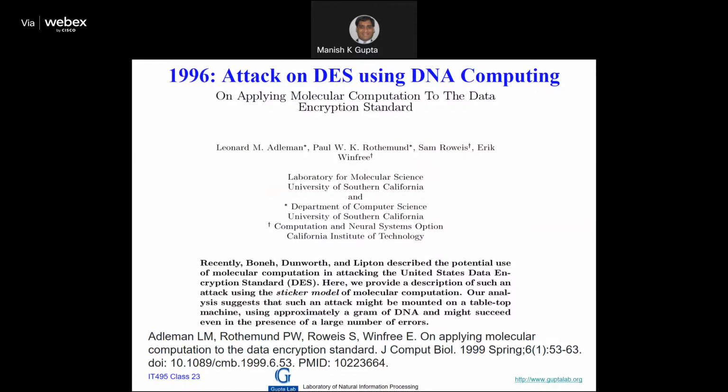Recently, in the previous paper, they described the potential use of molecular computation in attacking the DES. Here, we provide a description of such an attack using the sticker model of computation. Whatever I have described to you in DNA computation is an autonomous model, meaning everything is automatic.